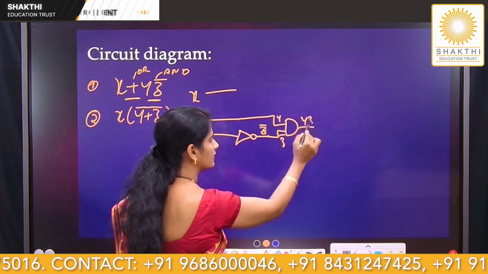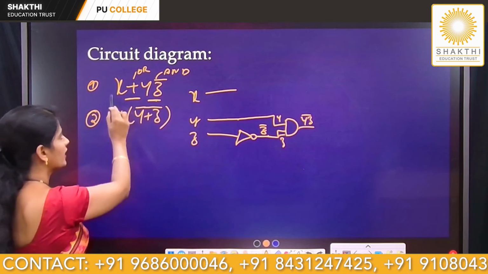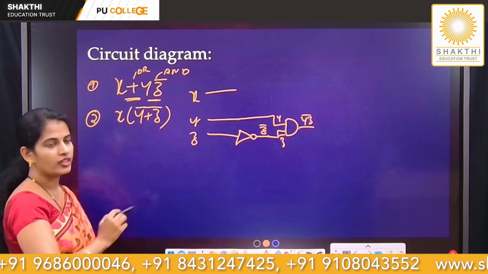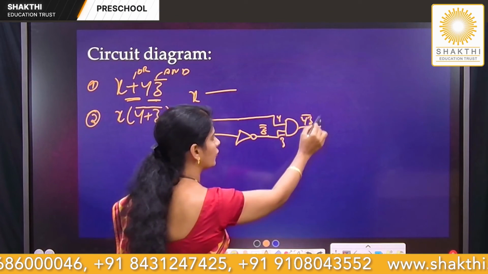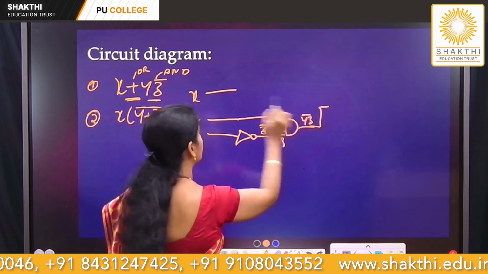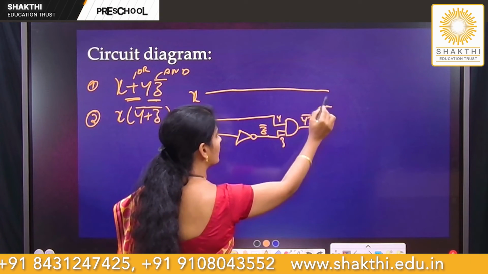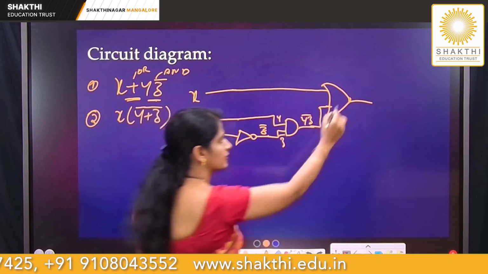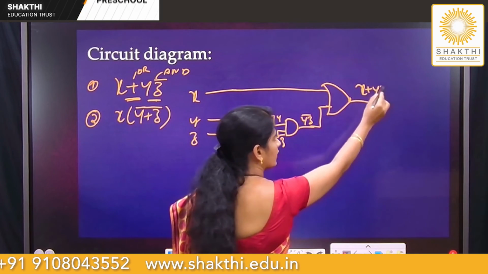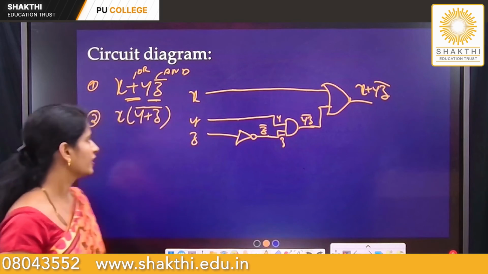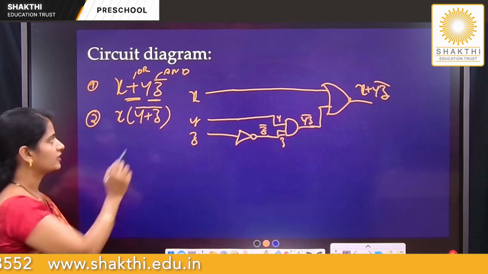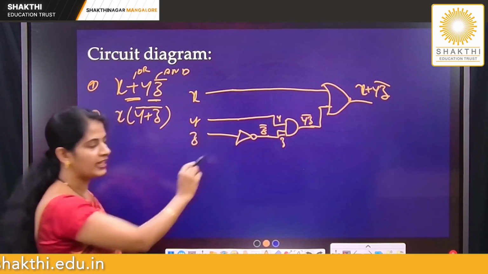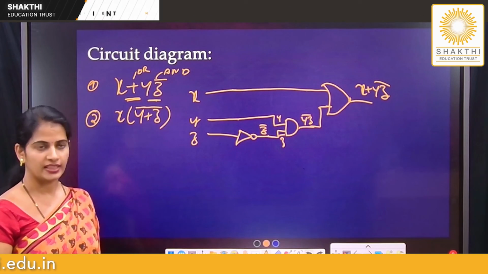So what we have is X plus Y, Z bar. For X we need an OR gate, so you take the input here, and this will give you X plus Y, Z bar. As simple as that. You check the number of inputs first, and whether there is any complement form, and this is a gate designed using basic gates.